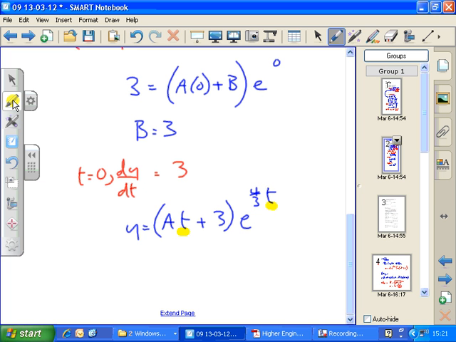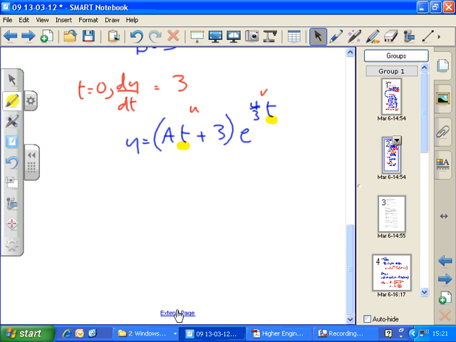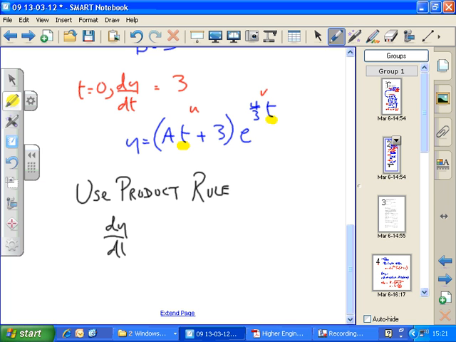And so I need to use the product rule, which tells me that the differential is the first part, which I would call u, multiplied by the differential of the second part, plus the second part multiplied by the differential of the first. The product rule: dy by dt equals u dv by dt plus v du by dt.